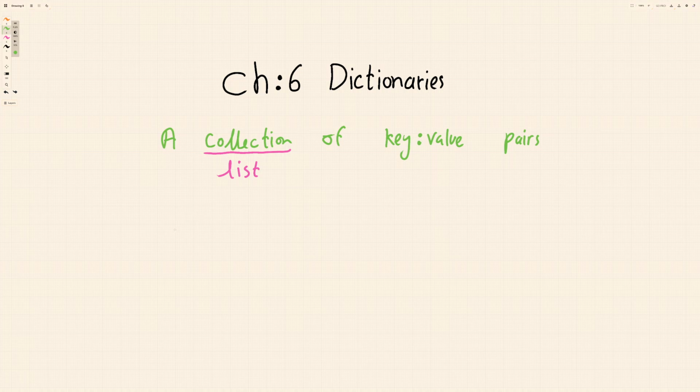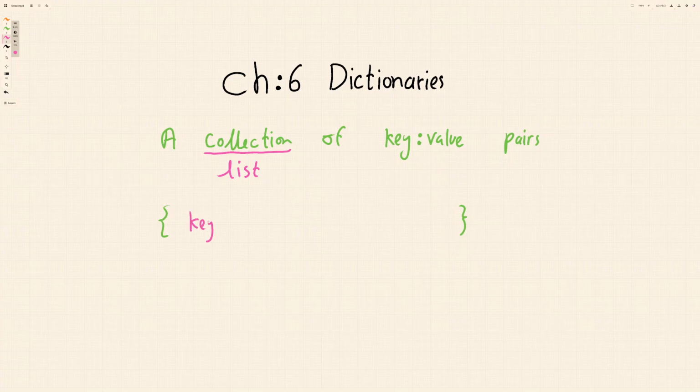How do we actually create a dictionary? We use curly braces to create a dictionary. If you remember, in order to create a list, we use square brackets. So we start with the left curly brace and end with the right curly brace, and inside we'll have keys and values.